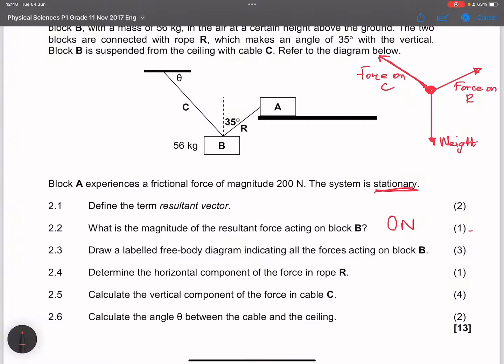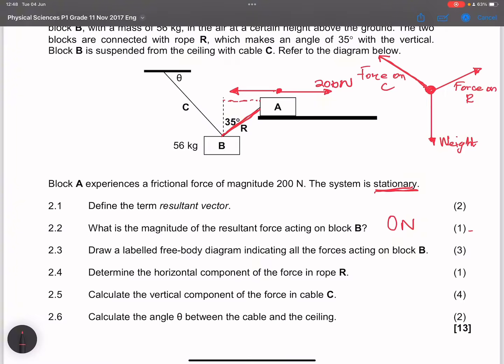Now note, ladies and gents, what do we note about this block here? We know that it is experiencing friction of 200 newtons, isn't it? And that friction is opposing what is pulling this block in that direction, which would be the horizontal component of the force on rope R, right?